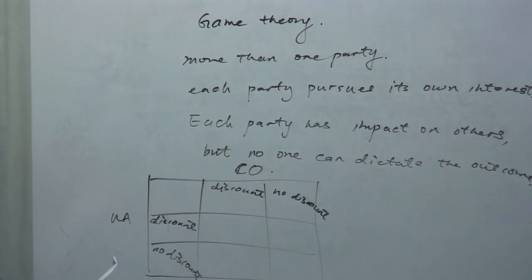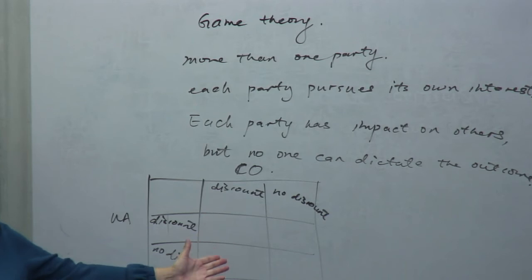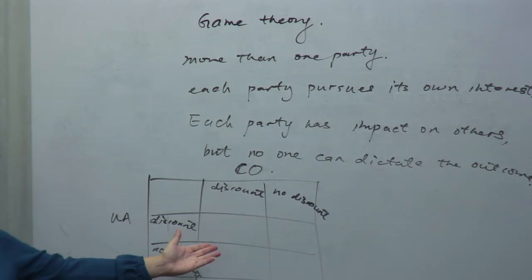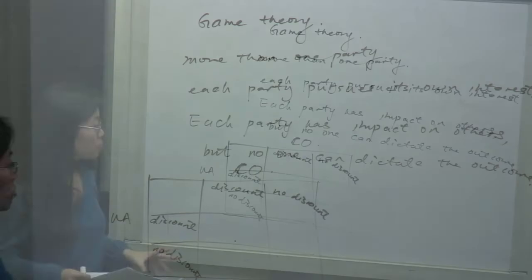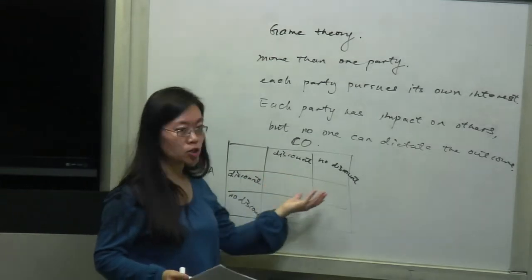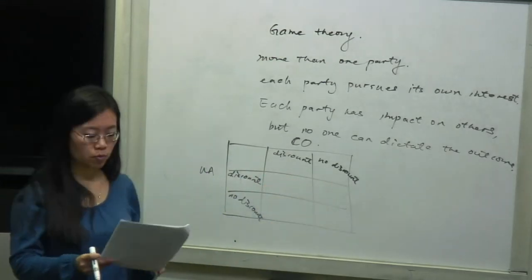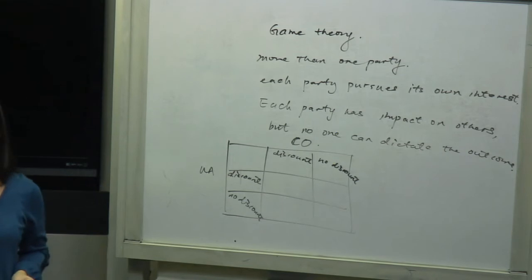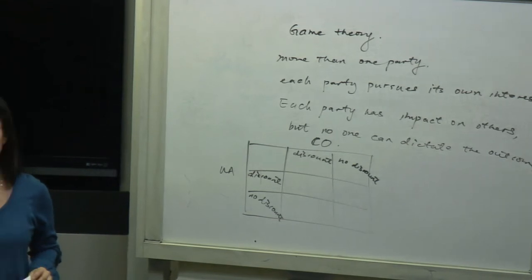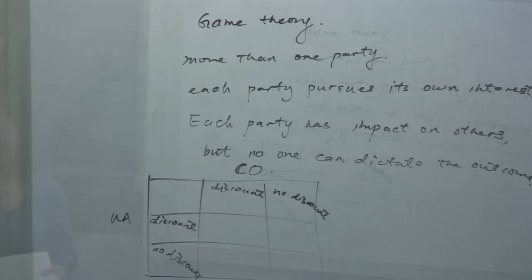So we're going to have 4 possible outcomes. I'm going to give you the values in those 4 possible outcomes. Then we're going to determine what will be the final outcome, how each company is going to behave.